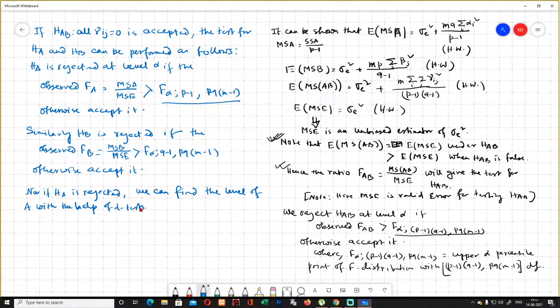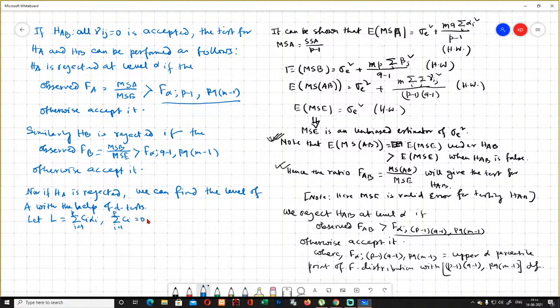Okay, so we can find the level with the help of t-test, and let me define L as the sum over i from 1 to p of c_i alpha_i. If L is a contrast, then the sum over c_i should be equal to 0.